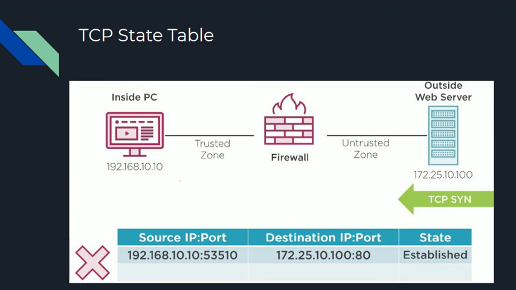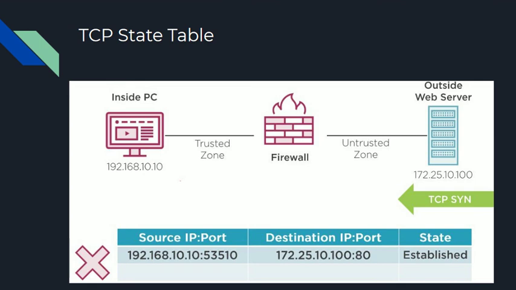That's how we are using a TCP state table to allow an inside user to browse the internet and get a response, but prevent folks out on the internet in our untrusted zone from browsing into our network and accessing internal resources. So we are using a state table to permit or deny traffic based on where the traffic originated.